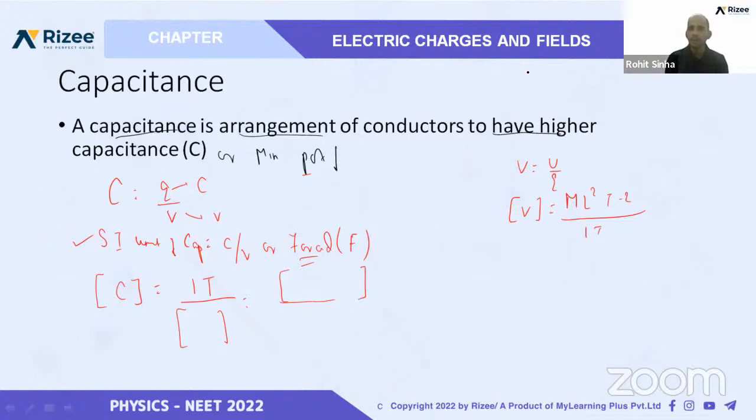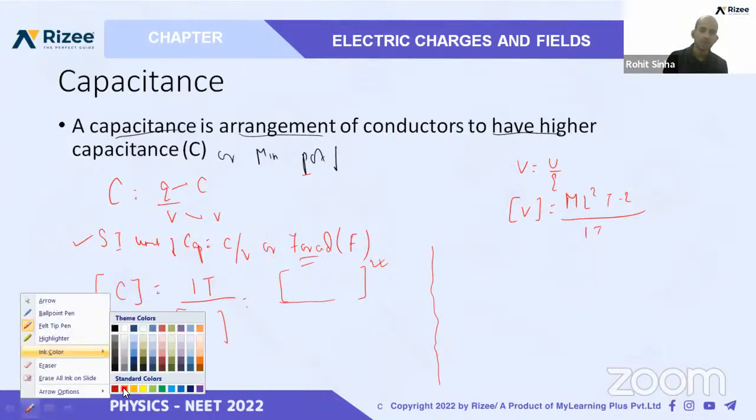Any problem? Should I solve all this? You will try all this. Okay, please interact. Yes, you should do it, because these are important, but you have to try.